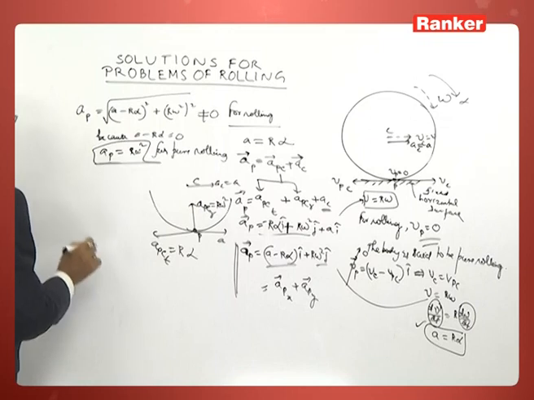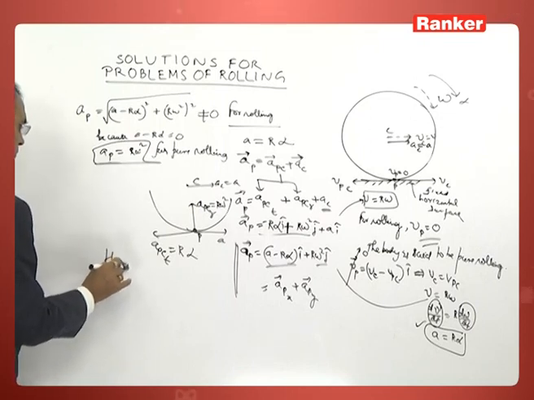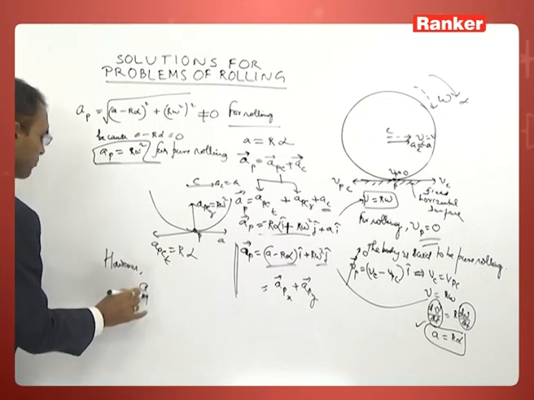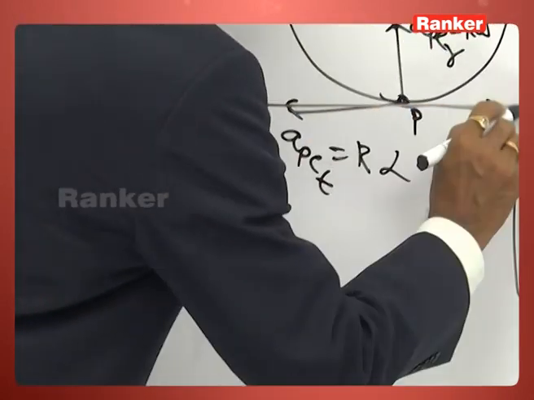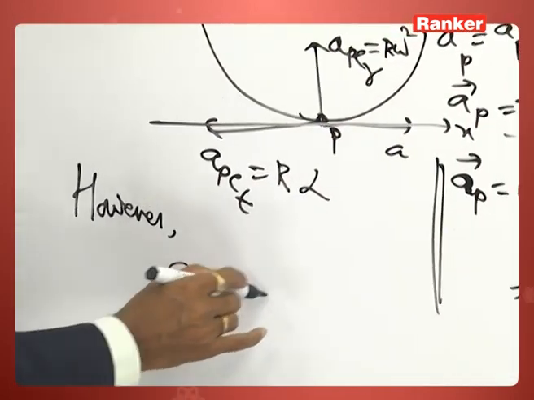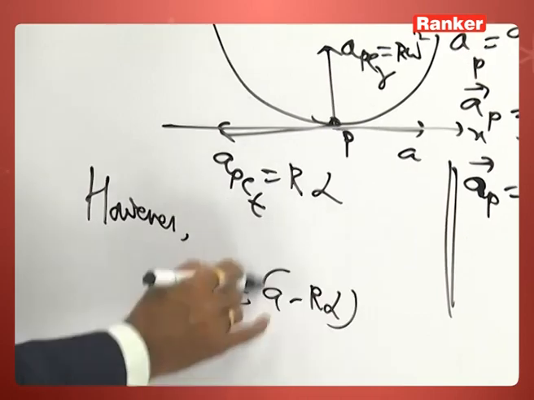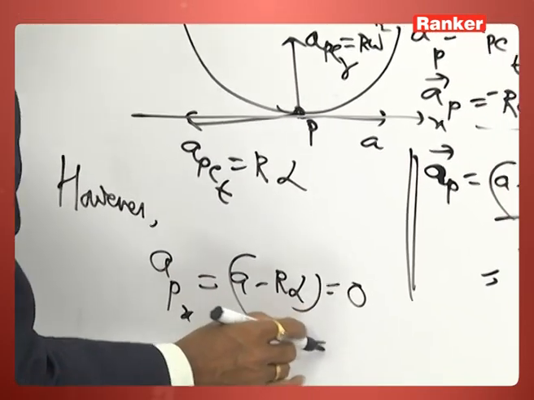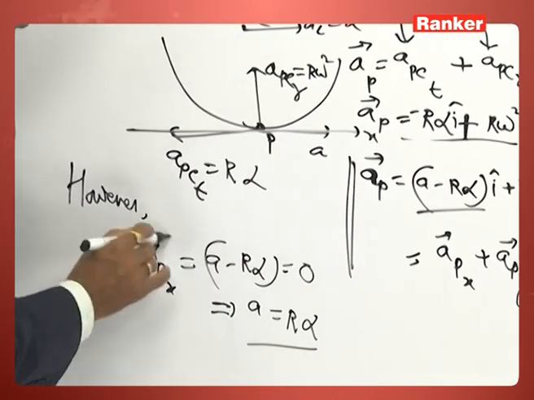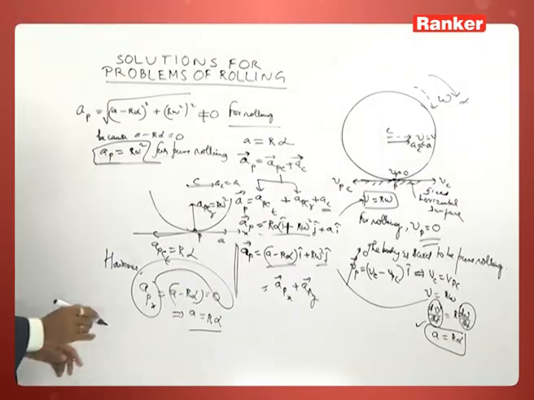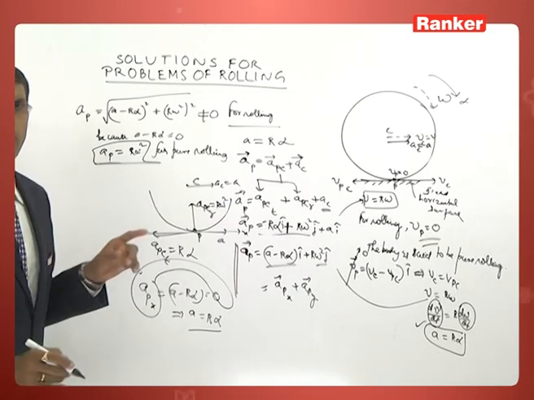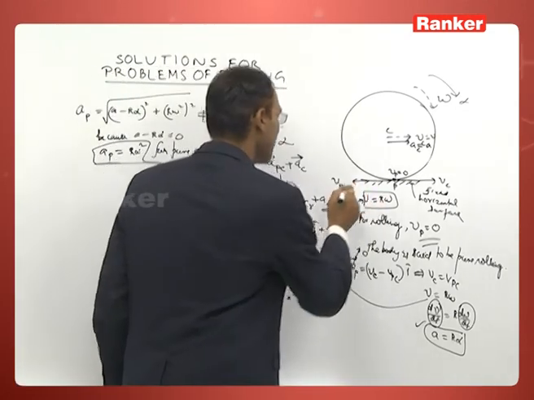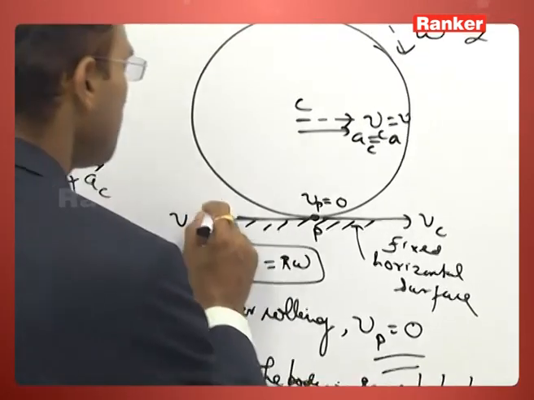However, acceleration of this point P along which direction? Along x direction, that is equal to A minus r alpha is equal to 0. And this gives us A is equal to r alpha. Why is acceleration of this point P along x direction 0? Because x direction is known as tangential direction.